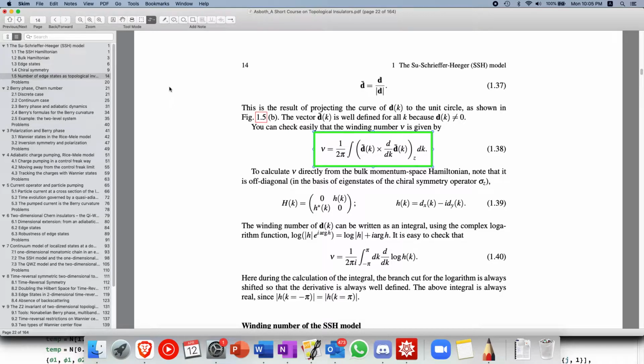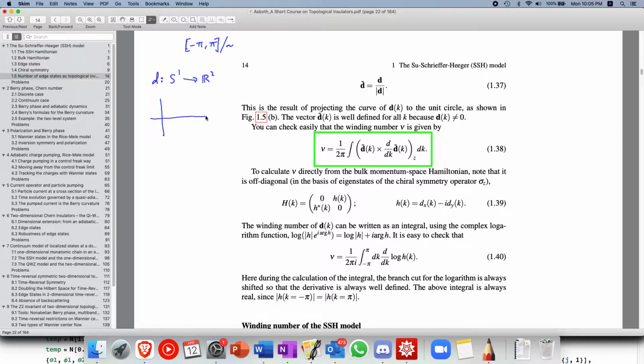So this D vector is a function from the Brillouin zone, which is the T1 torus. So it's minus pi to pi, and then you quotient out by an equivalence relation, where the equivalence relation glues pi and minus pi together, onto R2. So yeah, the T1 is just S1. So it's a map from the 1-sphere onto the 2-plane, the R2 plane.